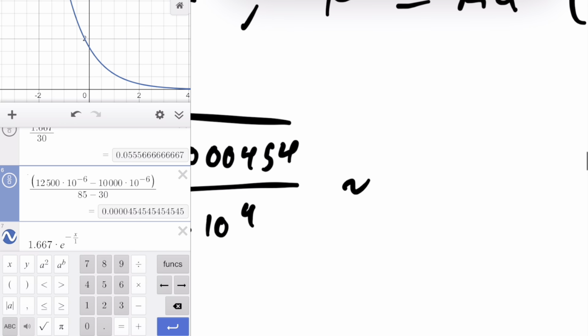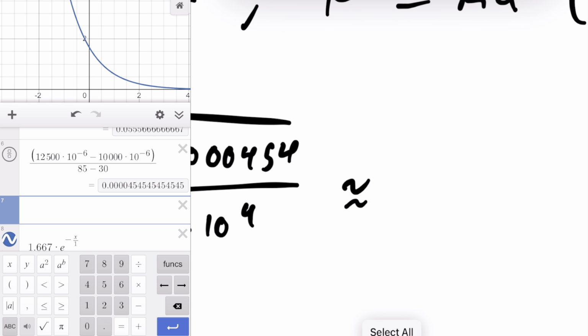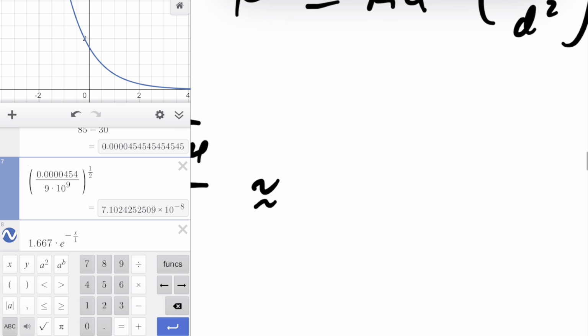Take the square root of that on Desmos, by raising it to 1/2, and I get roughly 71 nanocoulombs.